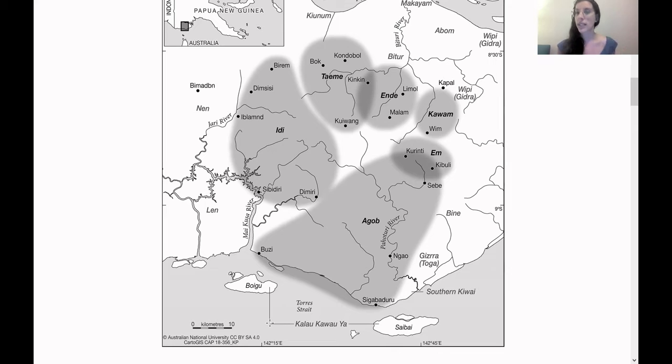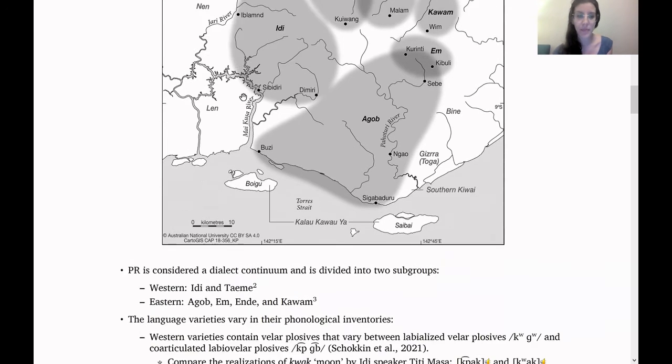It's unclear to what extent Pahoturi River peoples have had contact or exchanges with these other language groups. We know for sure that the Idi and Nen speaking communities have had a lot of interaction in Bamadaban and Dimsisi, but the rest of the language contact surveying is still underway for this area.